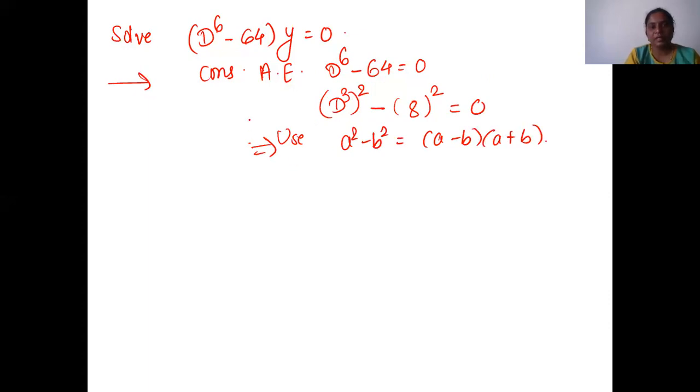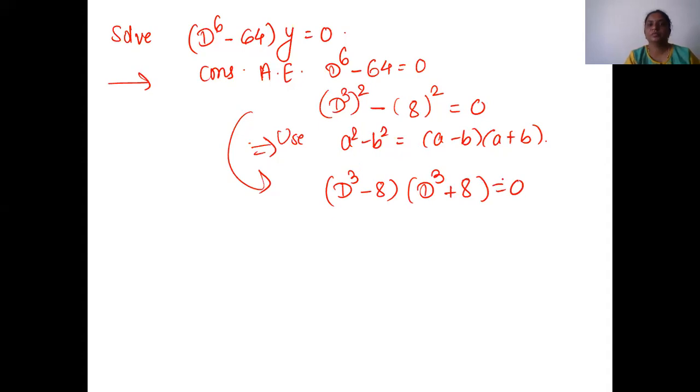So we are applying it here. So we get (d cube minus 8)(d cube plus 8) equal to 0. That is d cube minus 8 is 0 and d cube plus 8 is 0.